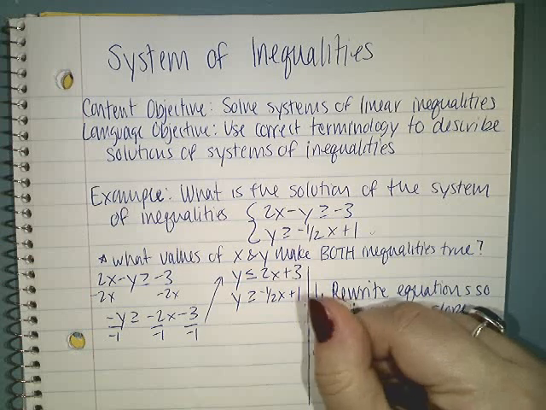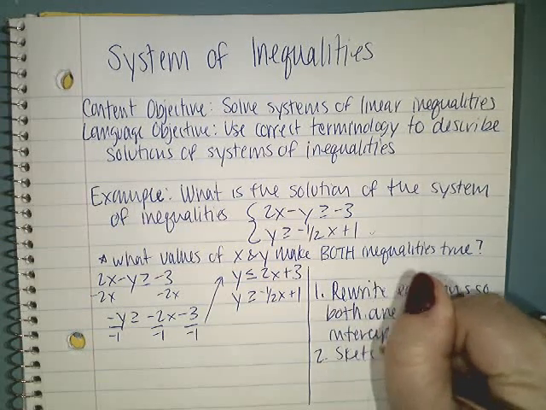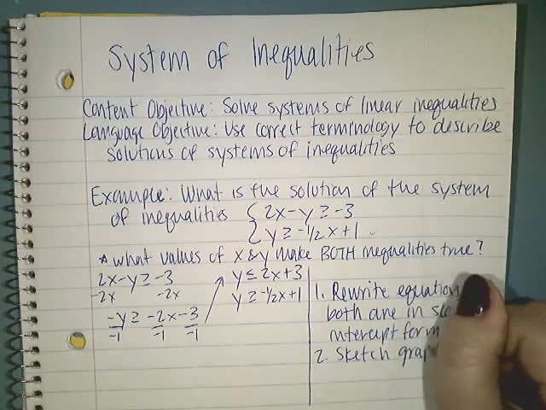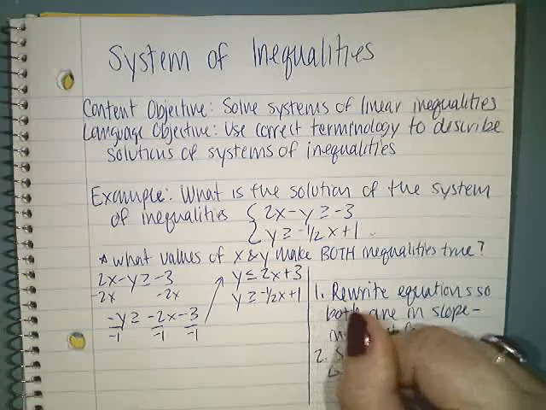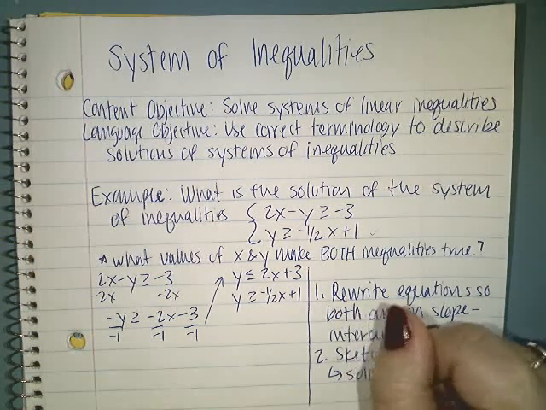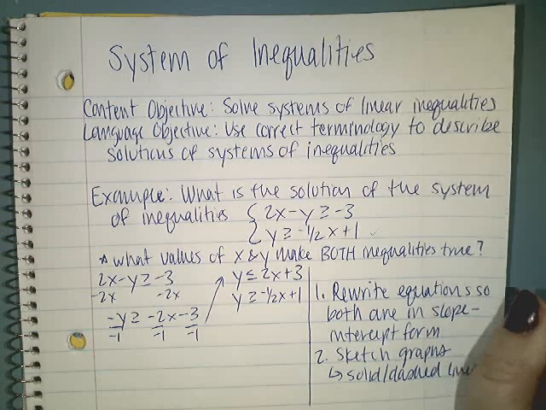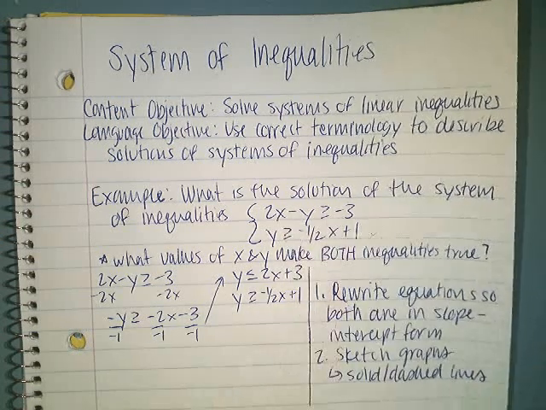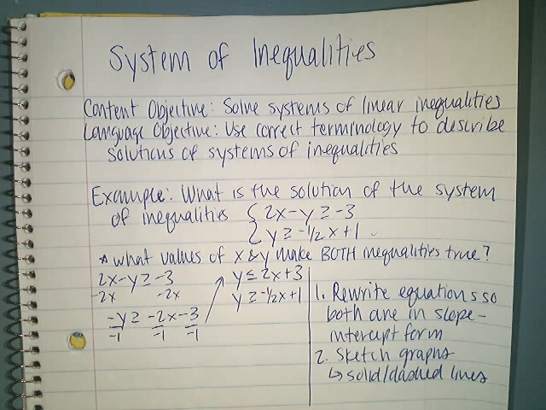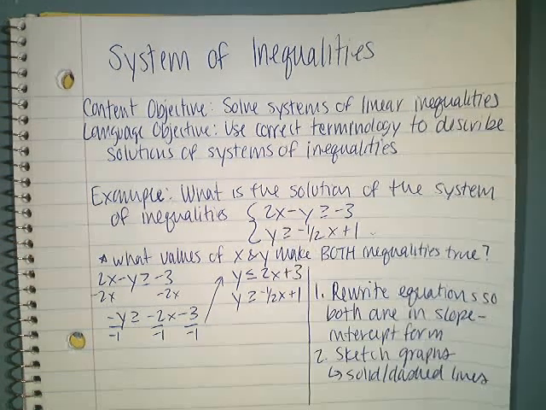Now I'm going to sketch both graphs. To do that, I need to remember to keep track of solid and dashed lines since these are inequalities. So in this case, they're both solid since they both have that equals to line. That will not always be the case, so I need to make sure I pay attention to that.